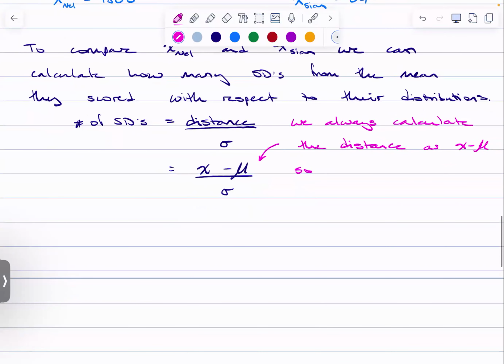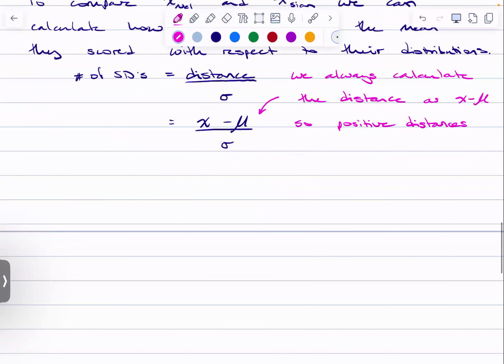So positive distances mean X is above mu, let's say. I'm trying to avoid the word mean because it's also the center.